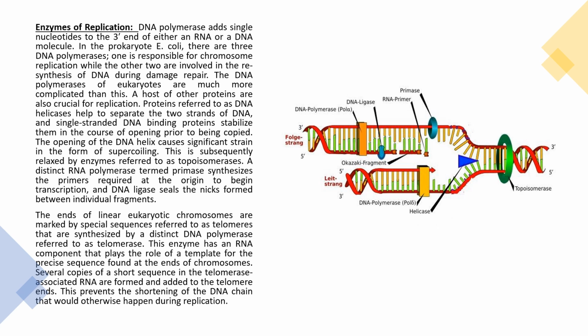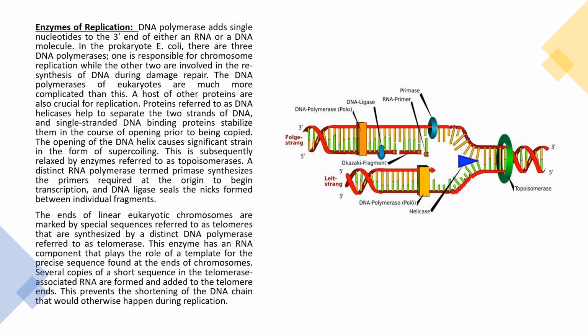The ends of linear eukaryotic chromosomes are marked by special sequences referred to as telomeres, that are synthesized by a distinct DNA polymerase referred to as telomerase. This enzyme has an RNA component that plays the role of a template for the precise sequence found at the ends of chromosomes.